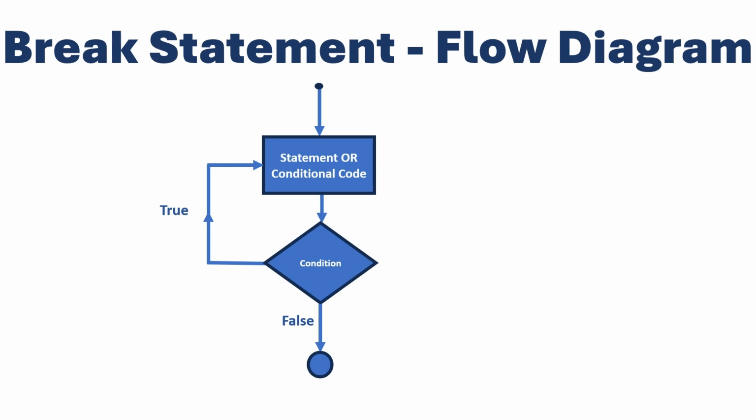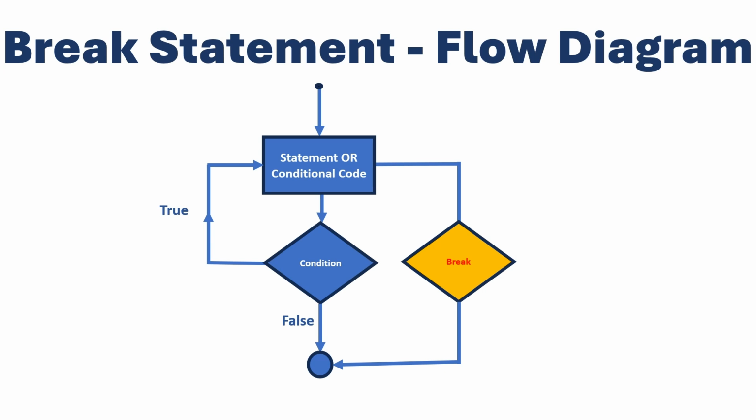But there is another way to exit the while loop or the for loop in MATLAB, and that is the use of the break statement. If we use the break statement with a specific condition or by checking a specific value of the variable in the loop, then once that condition is met and the break statement gets executed, your loop, that is a for loop or the while loop, gets terminated and exits that loop.